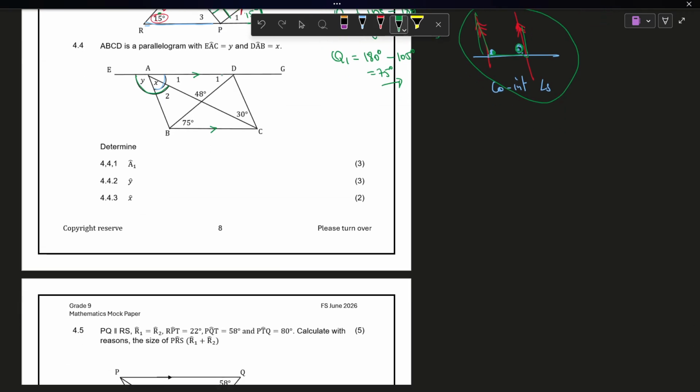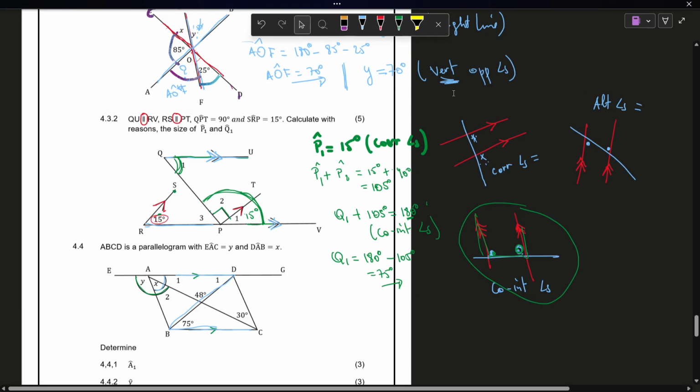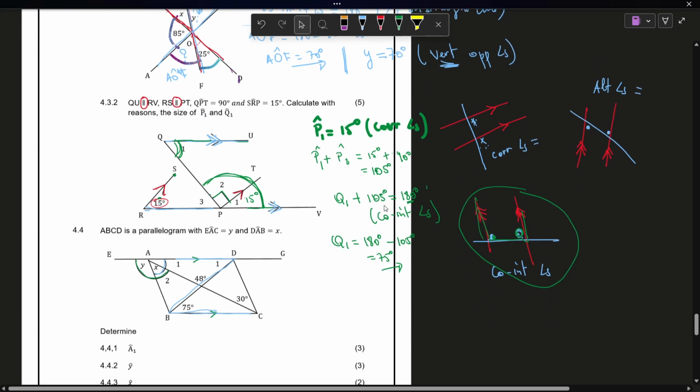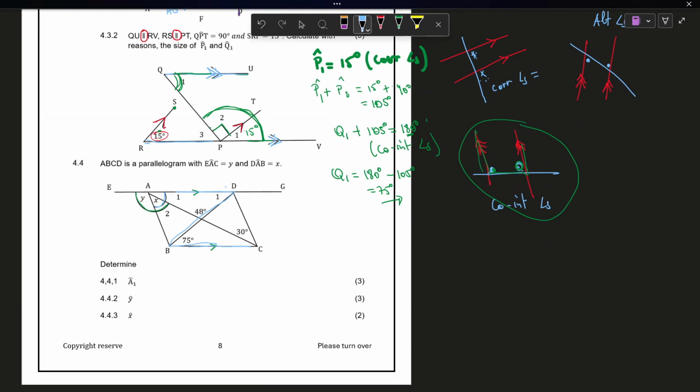Let me just change colors. Can I see some sort of an N here? Whenever I've got an N, so I'm in this case here, the angle here is equal to this angle right there.